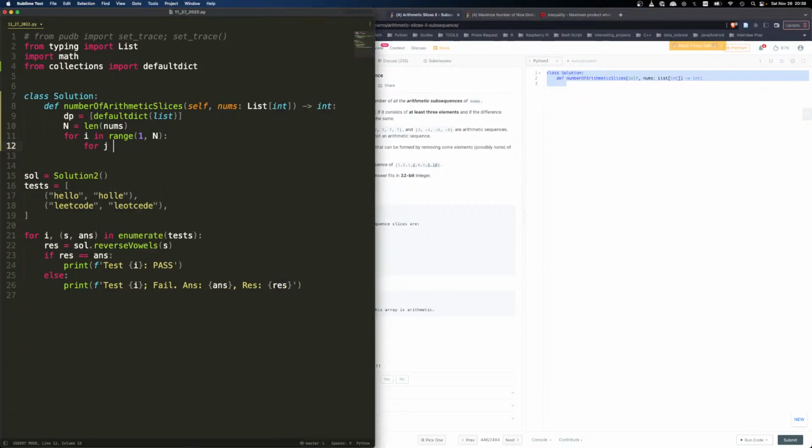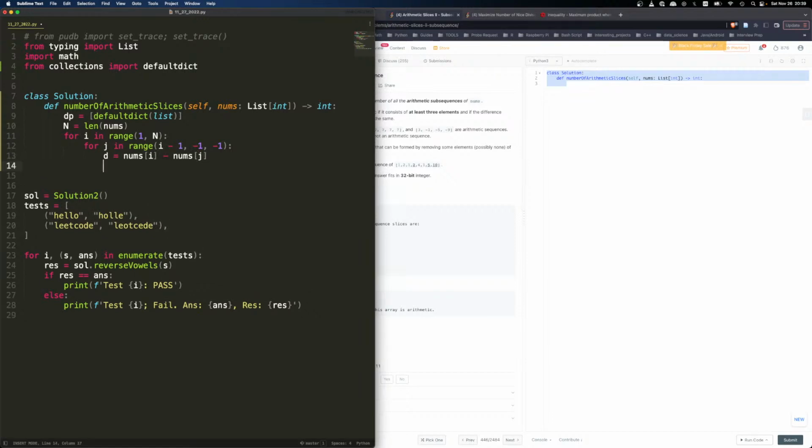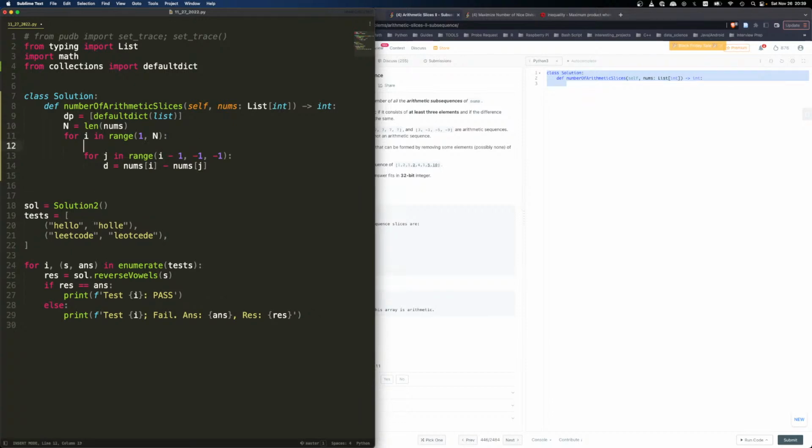Then we say for j in range from I minus 1 all the way to 0. So I say diff d is going to be nums I minus nums j, right? Then I'm going to say current equals a default dict, a list.